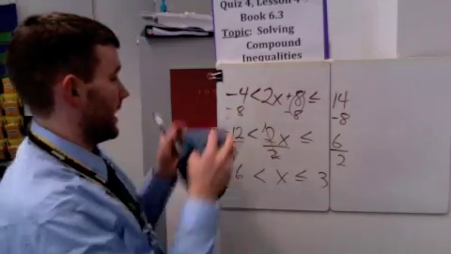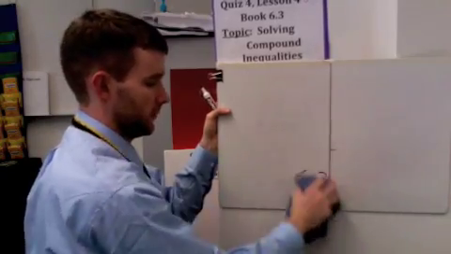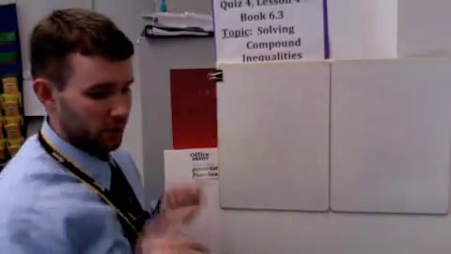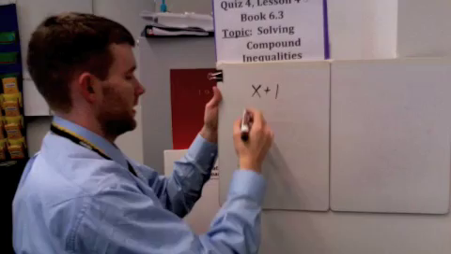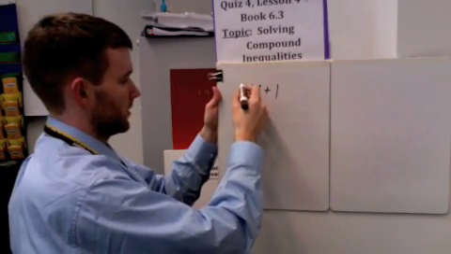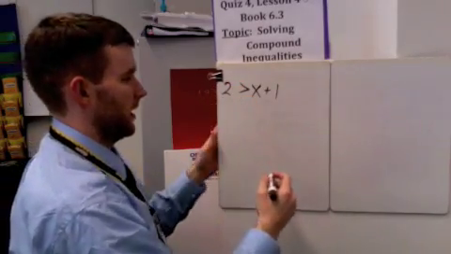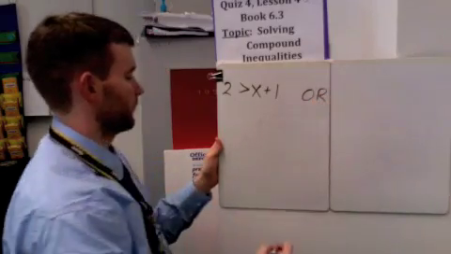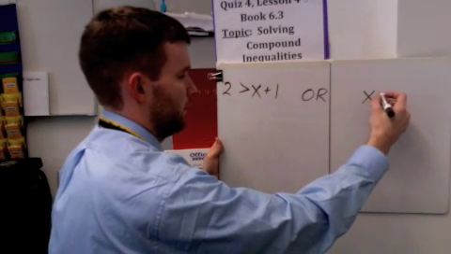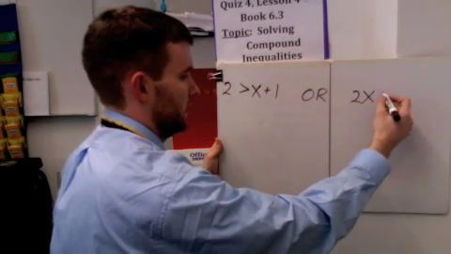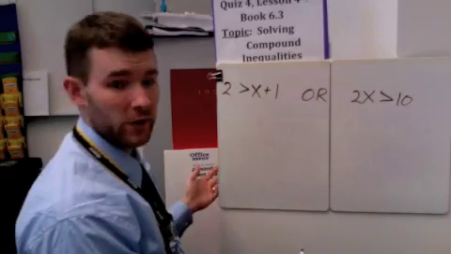Now, for a problem that has the word "or", this was an "and" problem because it was in between the inequality symbols. If we had a problem that said "or", like x plus 1 is maybe less than 2, or 2x is greater than 10, we would just simply solve each one of these individually.